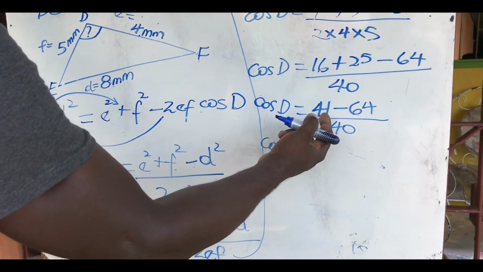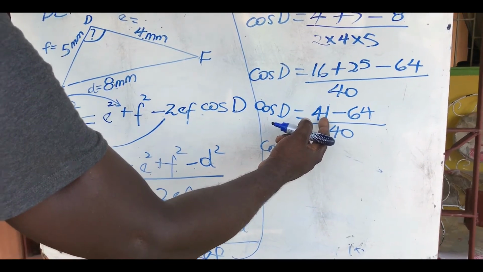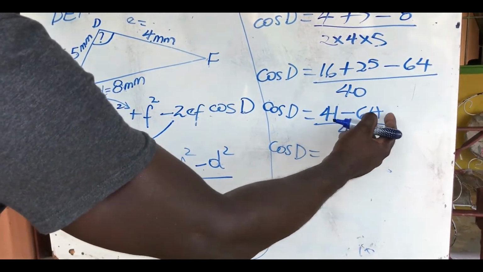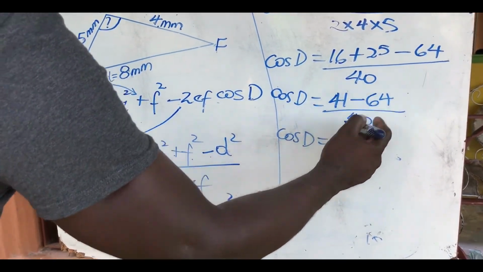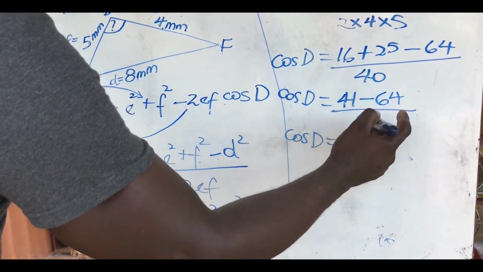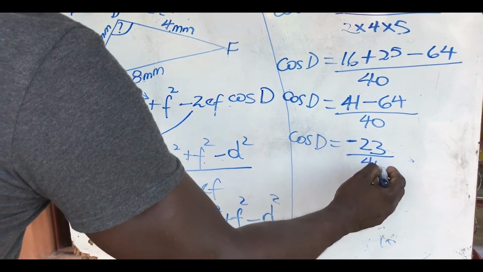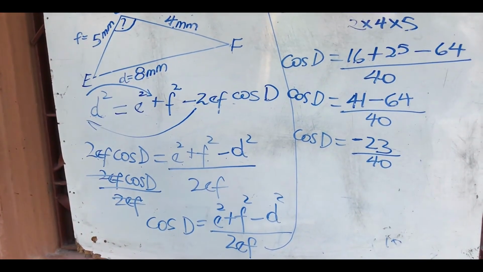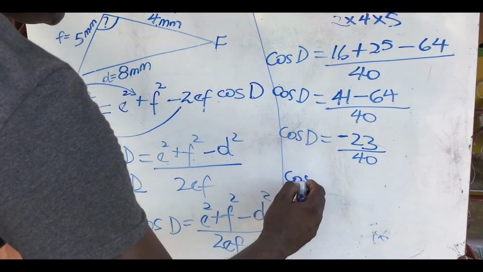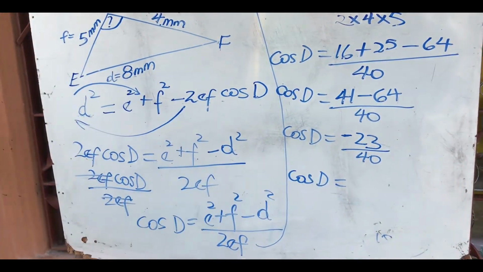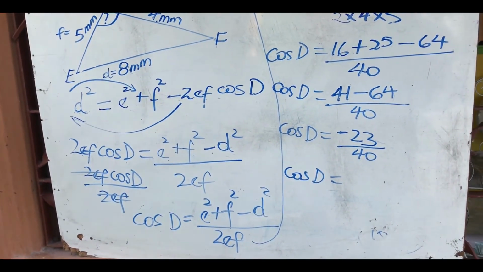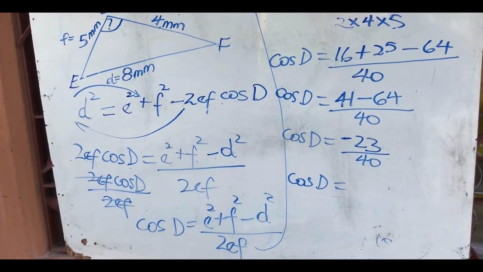So if I pay what I have, I am going to still owe because I owe more than what I have. So 1 from 4 is 3, 4 from 6 is 2, so that's negative 23 over 40.